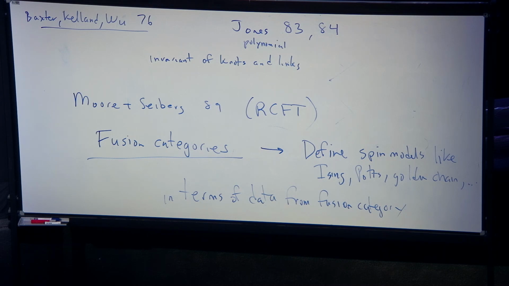Even if you don't care about lattice models, I'm teaching you something, first about topology and not polynomials. I'm teaching you about something that many mathematicians still work on. Moore and Seiberg wrote their paper. They were doing conformal field theory.